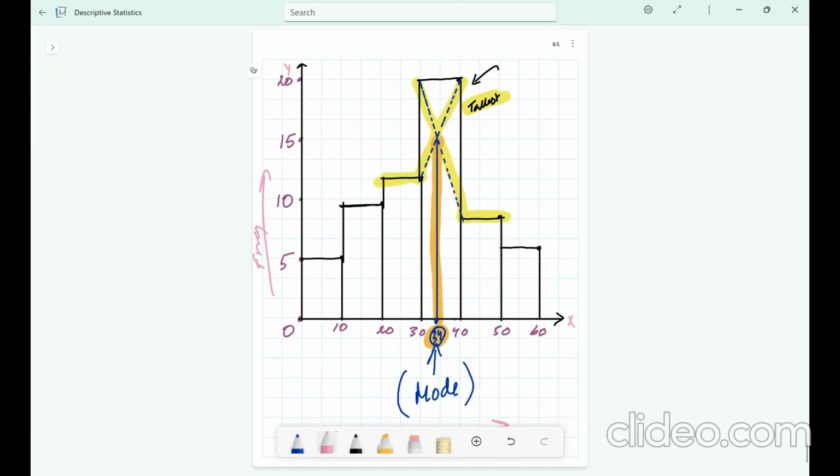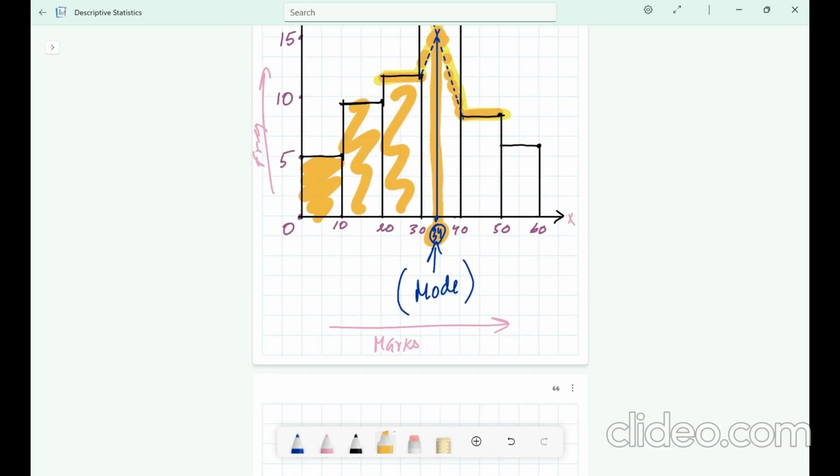So we plotted it 0 to 10, 10 to 20, 20 to 30, like this. And then, just as I said, we draw dotted lines from here, left to right, to the neighboring bars, and then the intersection will give us the mode. If we drop the line vertically to the x-axis, we get the mode. Here, for this question, the mode is 34.